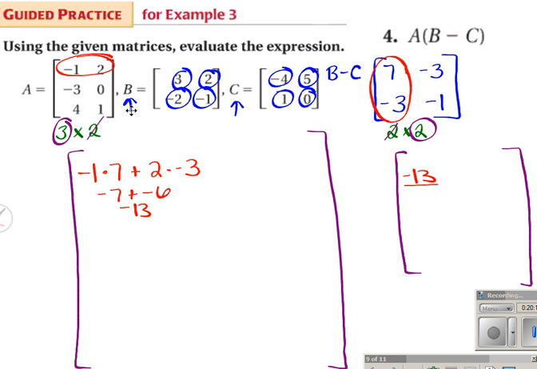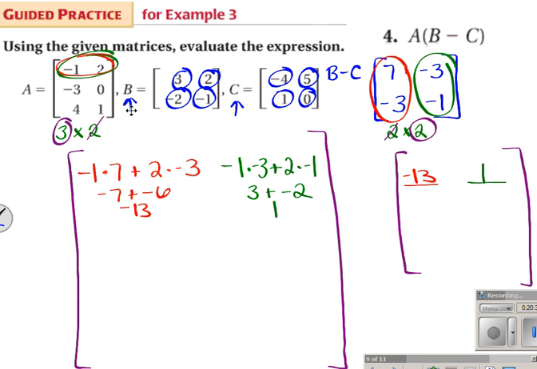Second position, row 1, column 2. So I'll be multiplying row 1 by column 2. So I'll have negative 1 times negative 3 plus 2 times negative 1. So that's positive 3 plus negative 2, which is 1.